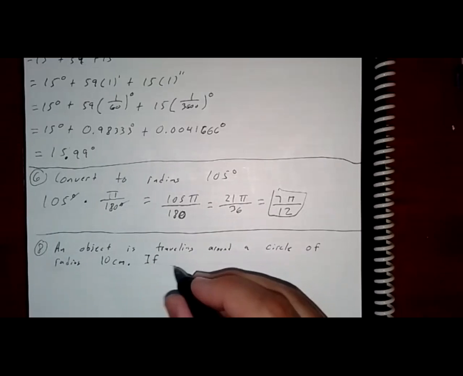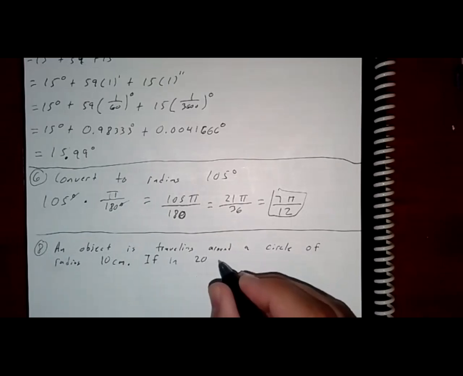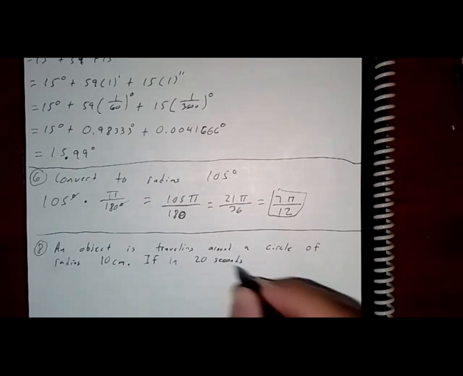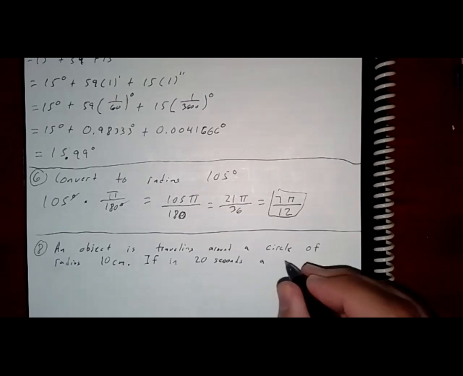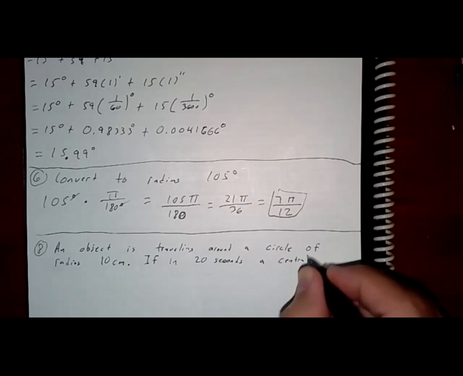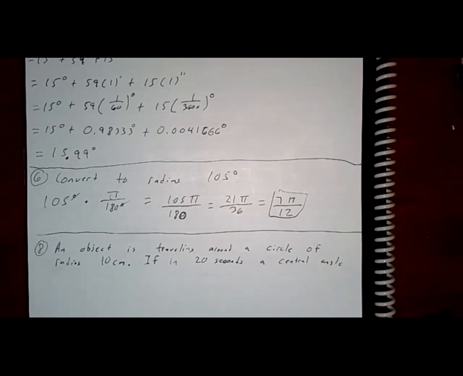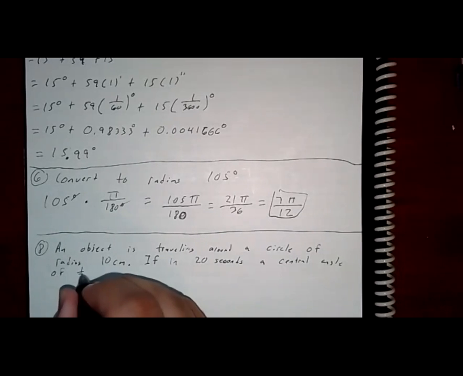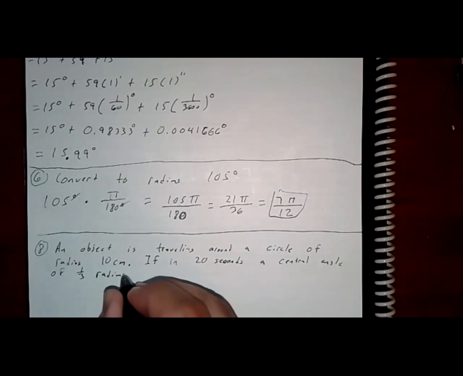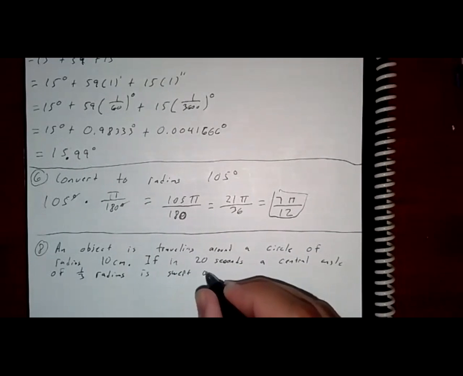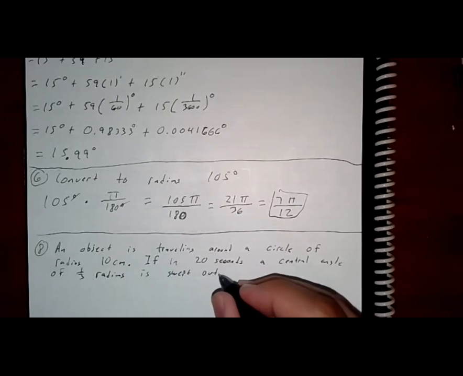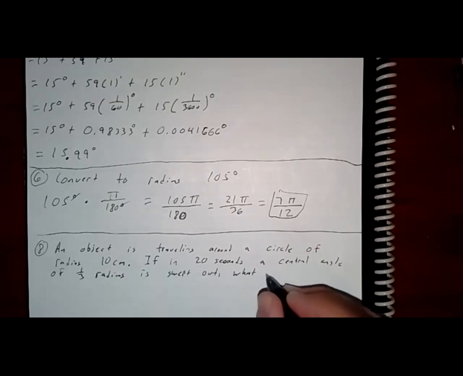If in 20 seconds a central angle of 1/3 radians is swept out, what is the linear speed?